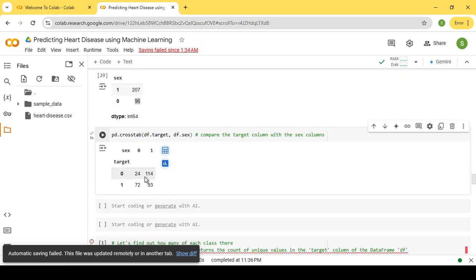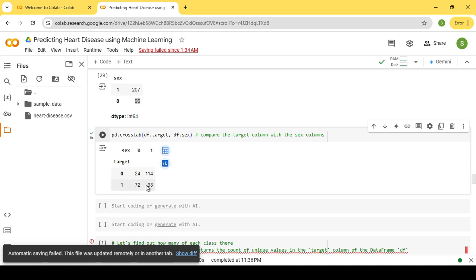Okay, so as you could see, in sex, 0 represents female and male is 1, and the target is set to 0, which means no heart disease, while 1 means has heart disease.